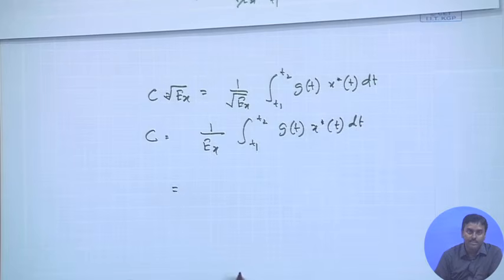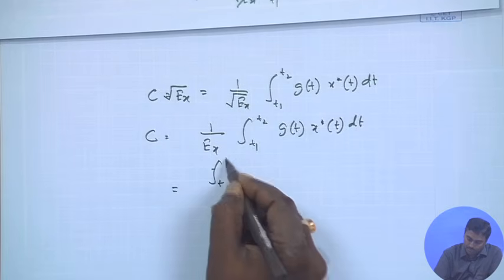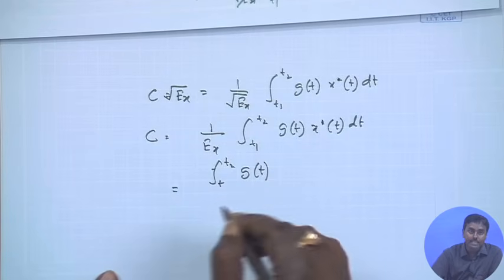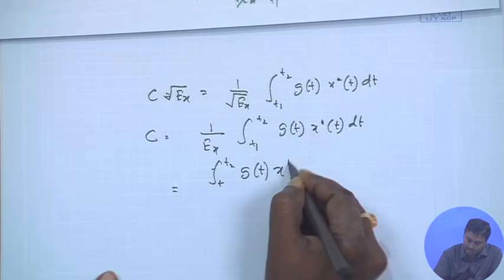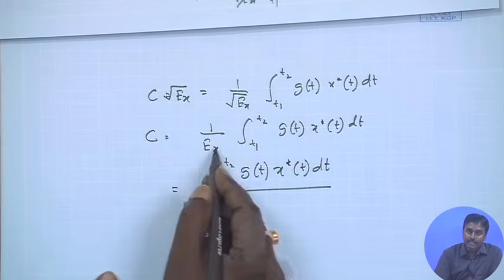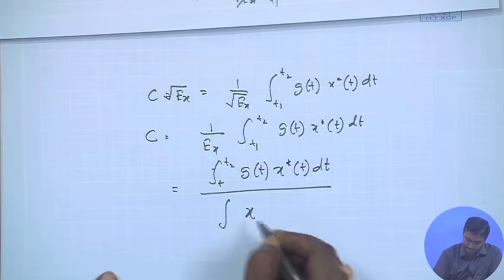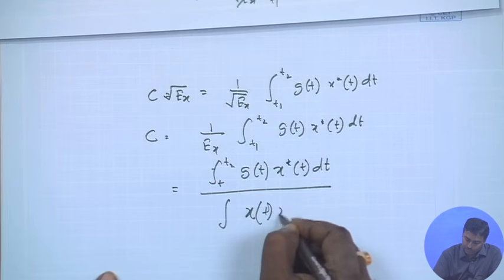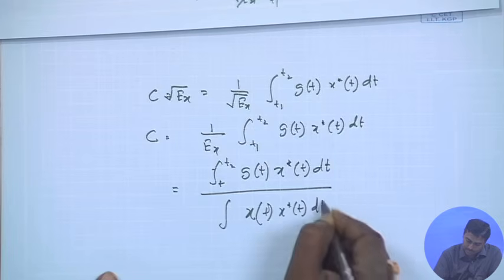So, for a complex signal, now you can see we have T1 to T2, only difference is earlier it was g(t) into x(t), now I have x complex conjugate t dt, this integration, and Ex can be written again as |x(t)|² or x(t) into x*(t) dt.